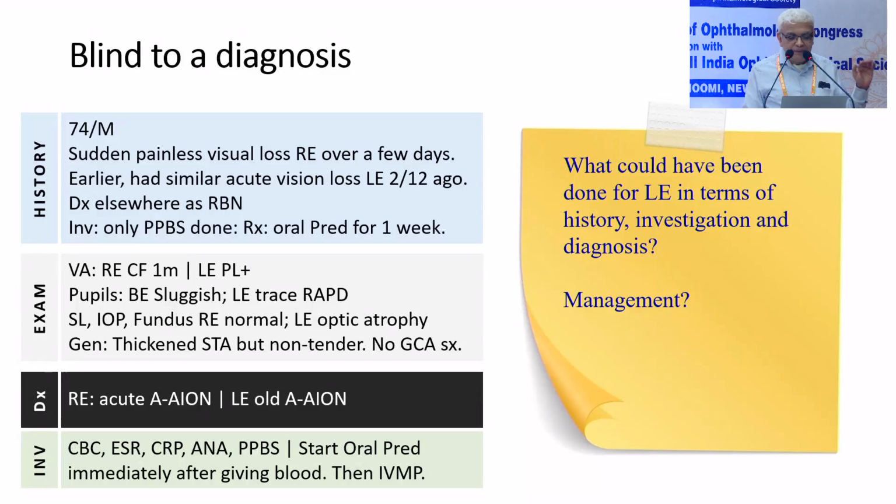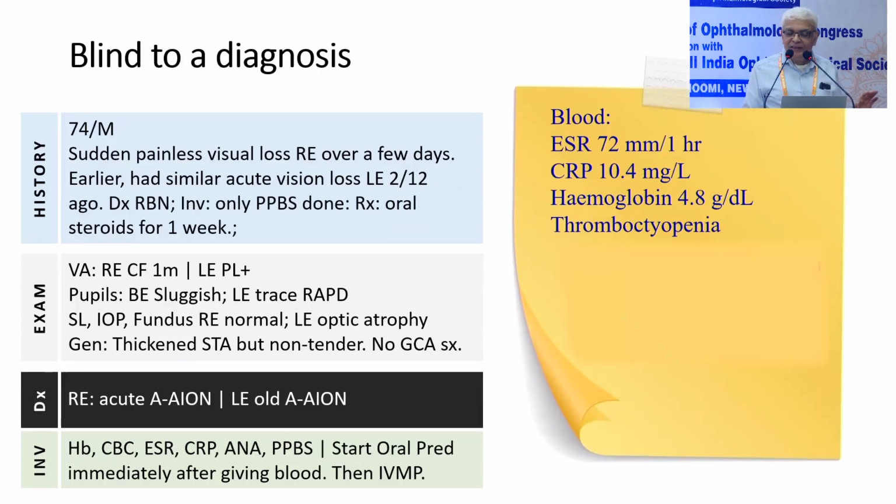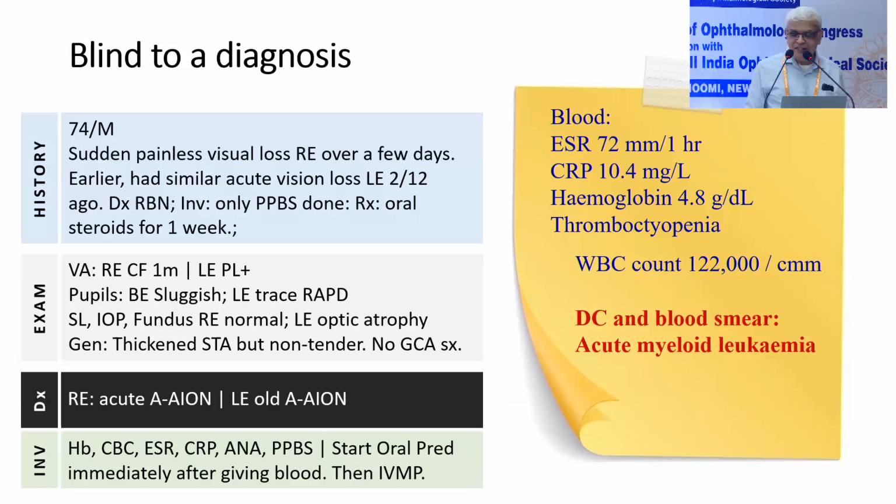Now, ESR was 72, C-reactive protein was raised, hemoglobin was low, there was thrombocytopenia, and the WBC count was 122,000. I was full of righteous anger at arteritic AION managed without ESR and C-reactive protein. How the hell did that person just put him on oral steroids and send him?